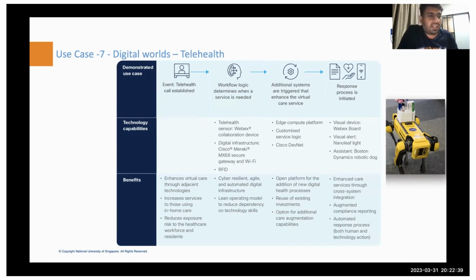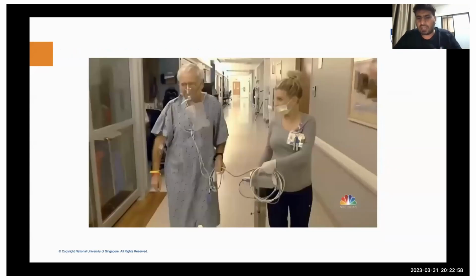So it interacts with the nurse, the nurse feeds the input to the robot, and then it moves on to the pharmacy to collect those medicines and then deliver them to the patient's home. So these are a couple of areas which we are currently working on in the lab.